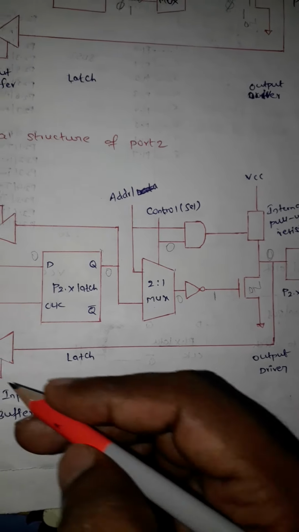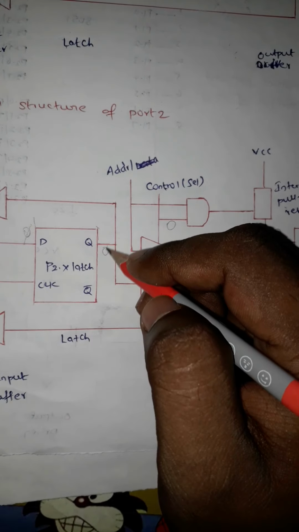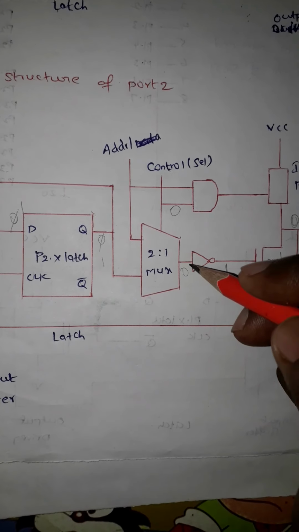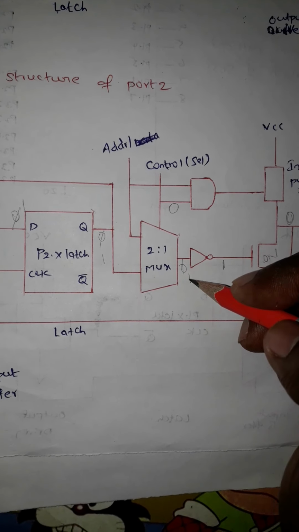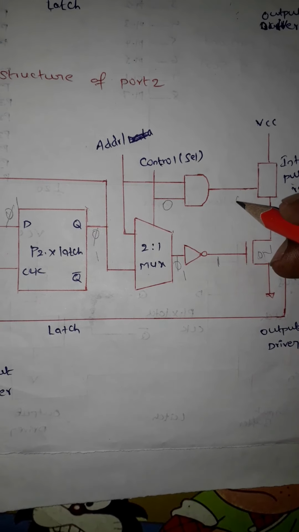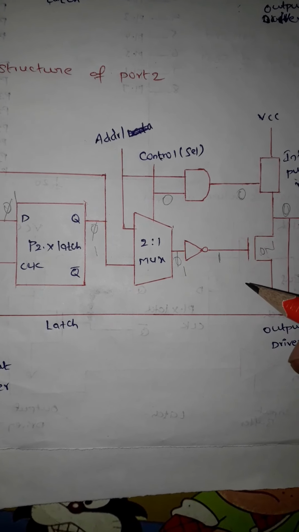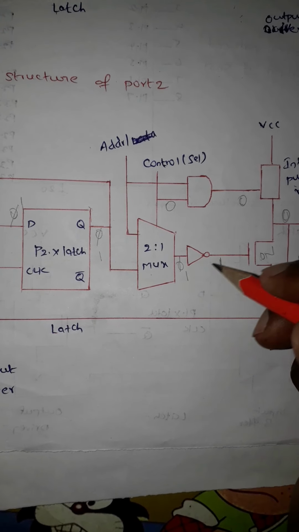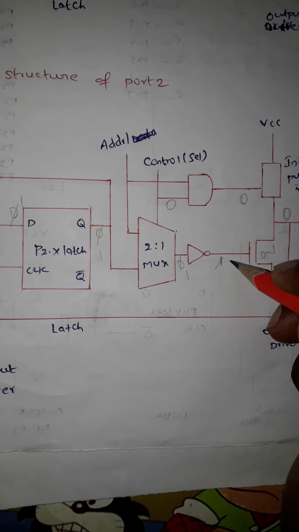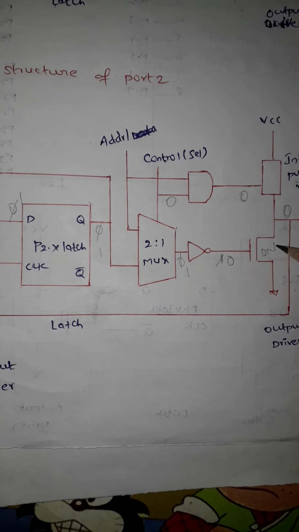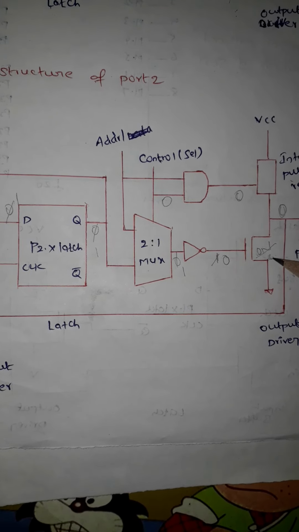In case you write the value 1 here, then your Q bar is also 1, then the 2:1 mux output is also 1, but the control signal is 0, so the output of the AND gate is always 0, and the output of the NOT gate is then 0, so the transistor goes to the off state.